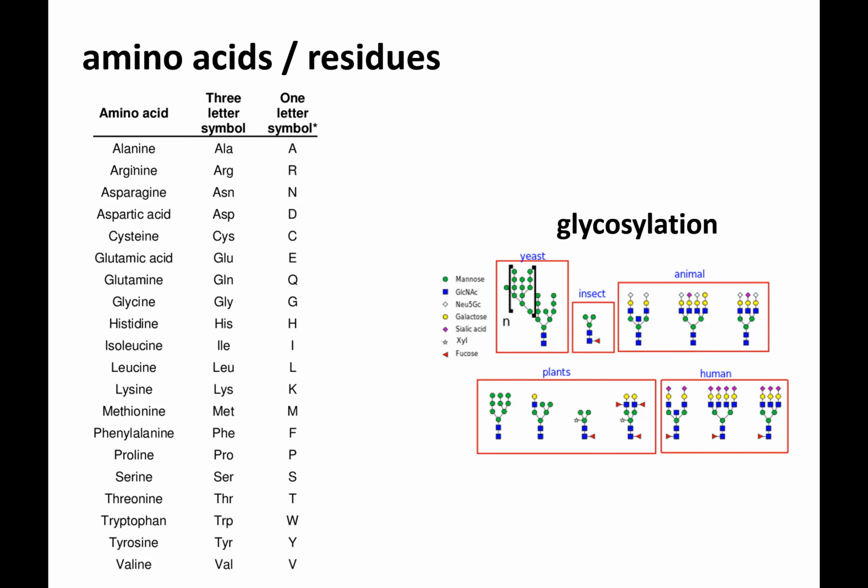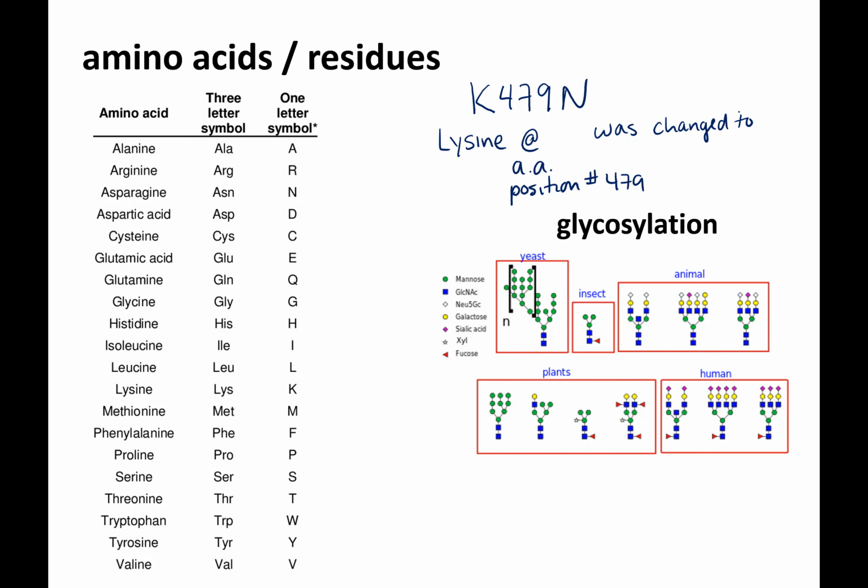This is telling you the amino acid and its one-letter symbol, so they kind of go back and forth between these. For instance, you might see K479N, which means the lysine at amino acid position 479, the 479th amino acid, was changed to N, which is asparagine.